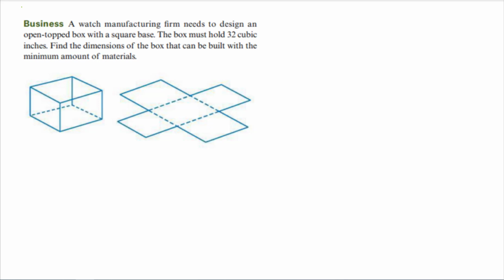So some of the keywords, always focus on what is it that you're trying to do? What is the task? What is the question? So in this case, the question is we want to find the dimensions of the box that can be built with the minimum amount of materials. So this is important because that gives me what I want to do.